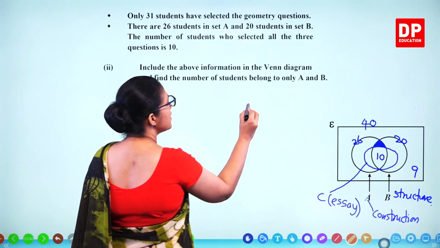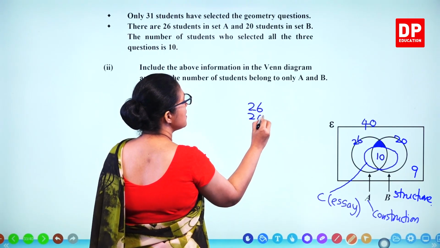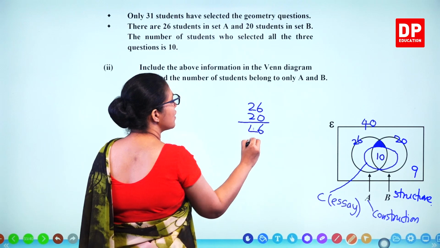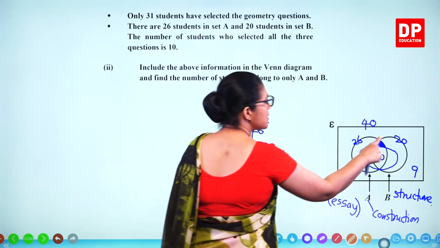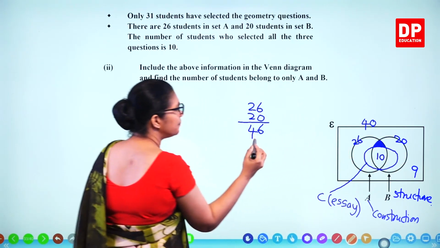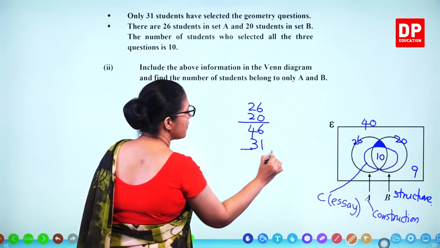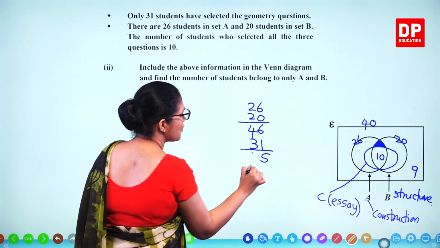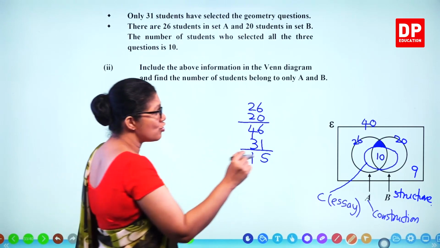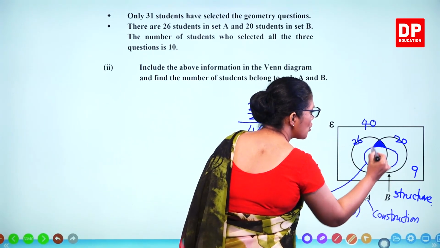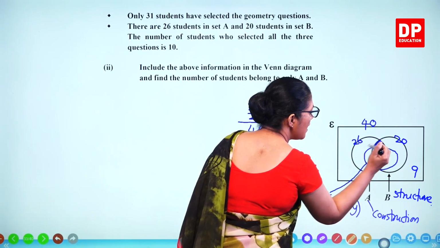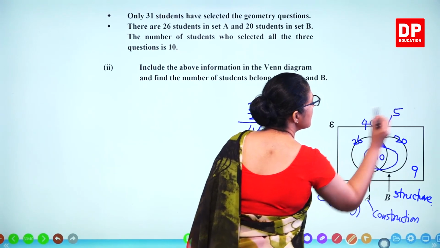But when you add 26 and 20, you get 46. But this should be 31. What's the extra part? 15. 15 should be A intersection B, but already 10 is there. So what is this part? This is 5.